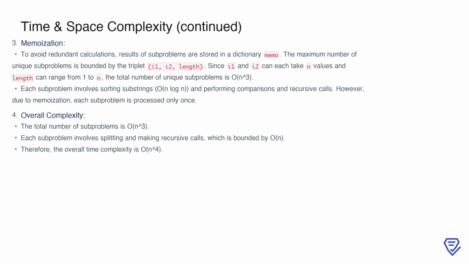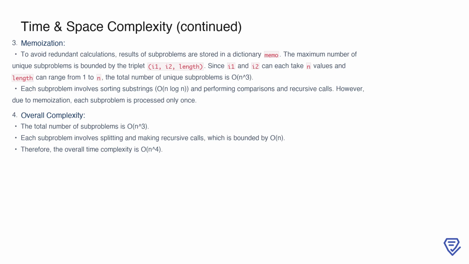Now, memoization plays a crucial role in optimizing the solution. By storing results of subproblems in a dictionary, memo, we avoid redundant calculations. The number of unique subproblems is determined by the triplet (i1, i2, length), where i1 and i2 can each take n values and length can range from 1 to n. This gives us n cubed unique subproblems in total.